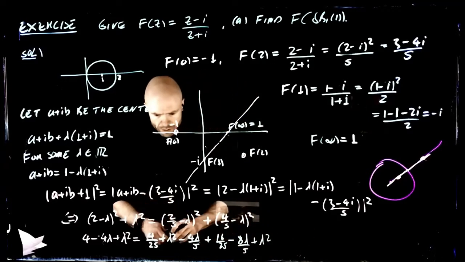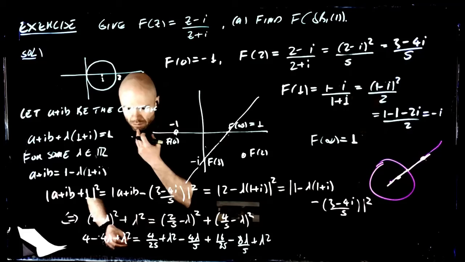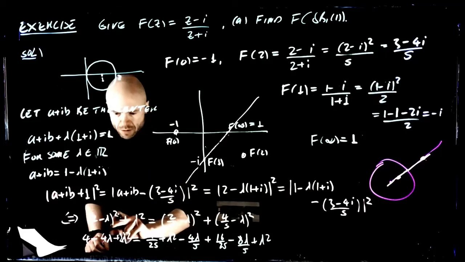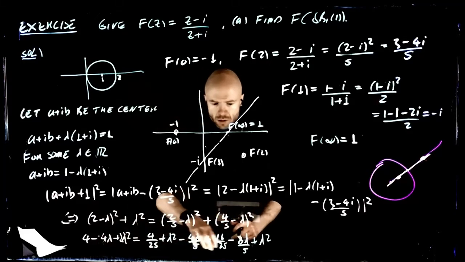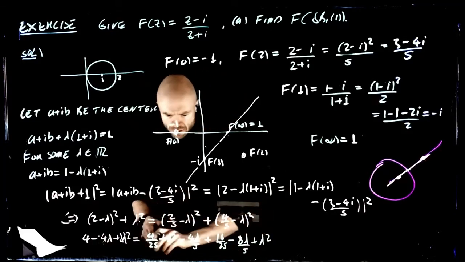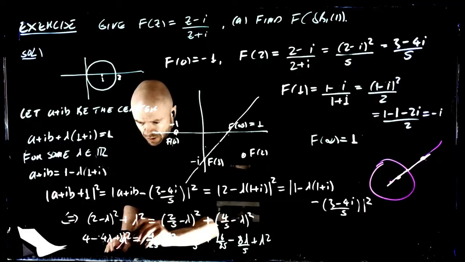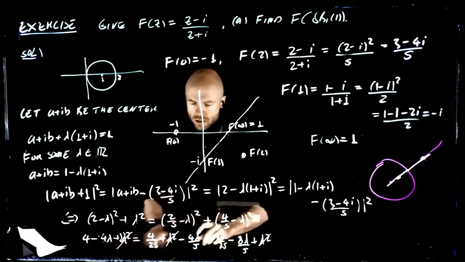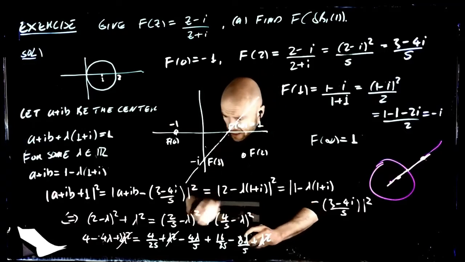And then we actually have a 2 lambda squared here, because we get a lambda squared from here. So these 2 lambda squareds will cancel. And then what does that give us?